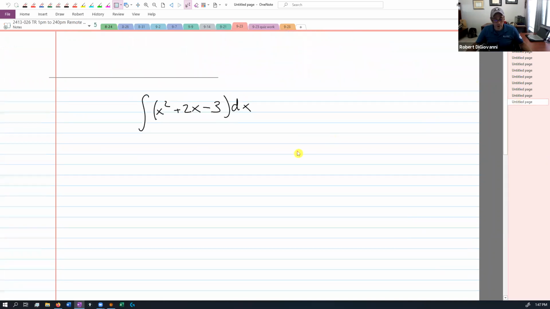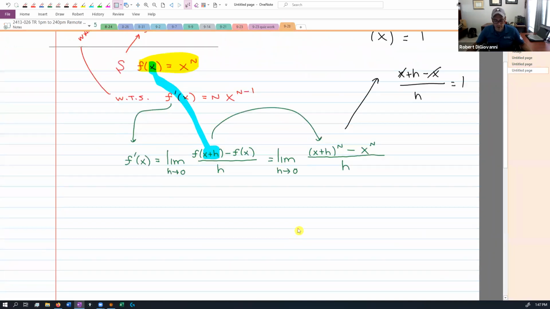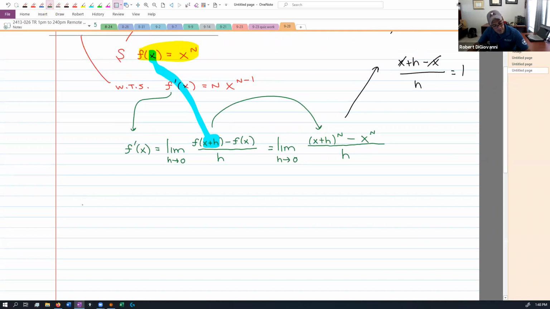So let me go back to where we were, on the other page here. That x plus h to the n, I'm going to rewrite it. It's going to look ugly, but I have the limit as h approaches 0 of x plus h to the n, which we just said is x to the n plus n x to the n minus 1 times h plus some number, I don't even care what it is, x to the n minus 2 times h squared plus some number x to the n minus 3 times h cubed, plus dot, dot, dot, a bunch of stuff.